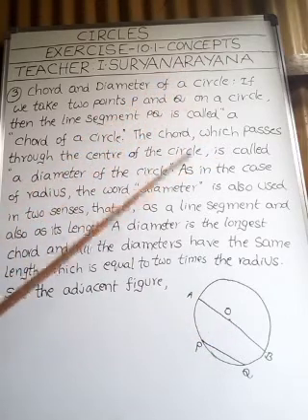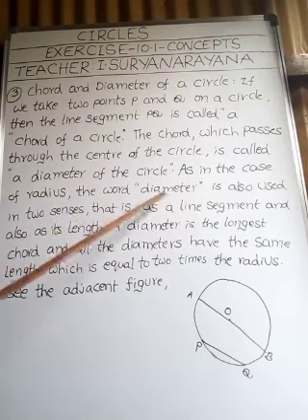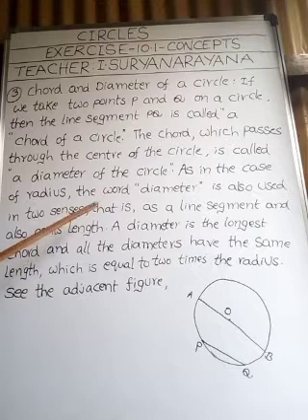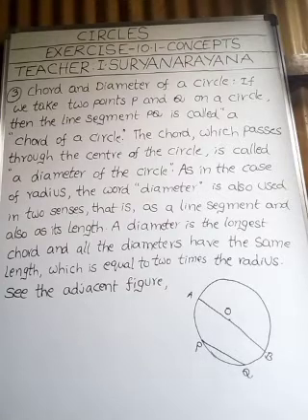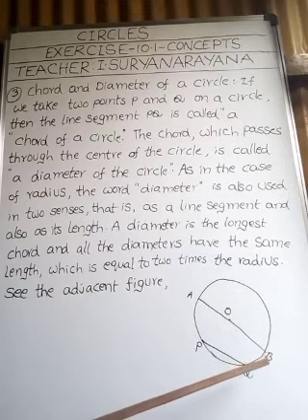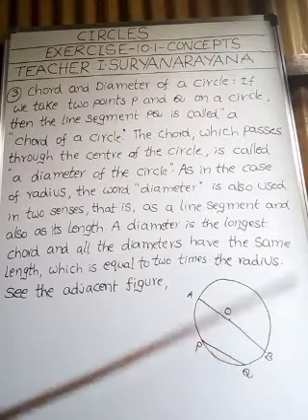Yes. As in the case of radius, the word diameter is also used in 2 senses. You know, radius is used in 2 senses, as length of the line segment and the distance between the center and any point on the circle. The distance also denoted by radius of the circle.